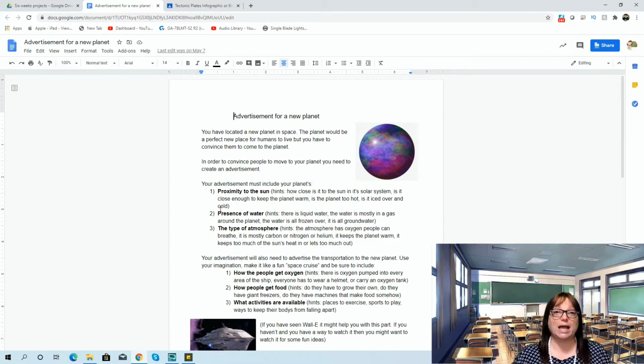They're going to create an original planet, whether they make it in Google Drawings or on Canva. It doesn't matter how they create it. They're just going to use that creativity, make that original planet, and put that out there for me.